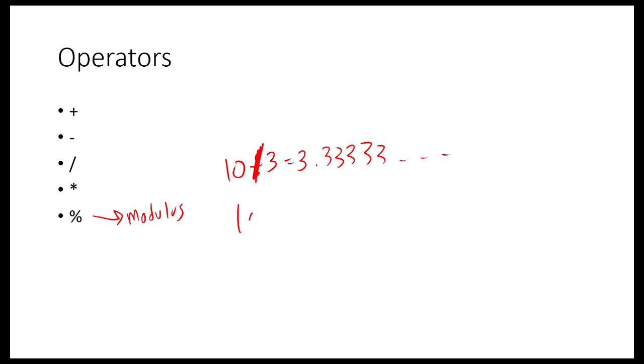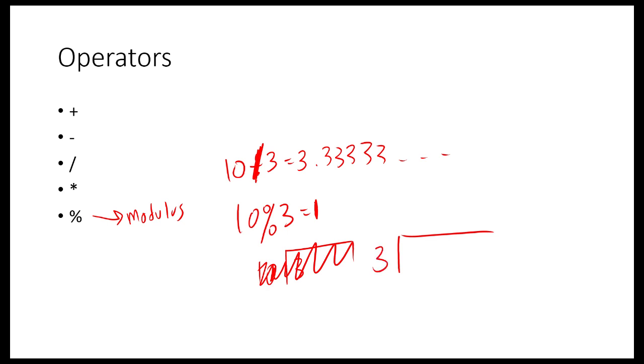If I do 10 modulus 3, I get 1, because 3 fits into 10 3 times, and then 3 times 3 is 9. It's been a long time since I did this, but to divide 3 into 10, you get 3 remainder 1. So we're just looking for the remainder.